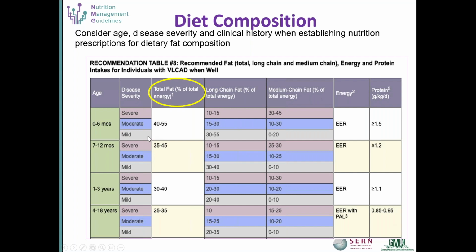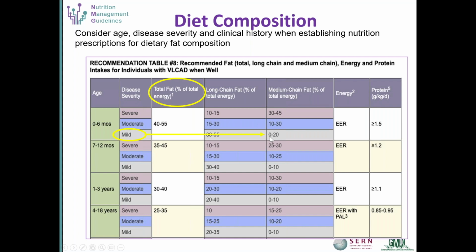Where things vary is with the long chain fat and medium chain fat, and the amounts change depending on the disease severity. So for instance, here a 0 to 6 month old with a mild form of the disorder, we might not even add MCT.